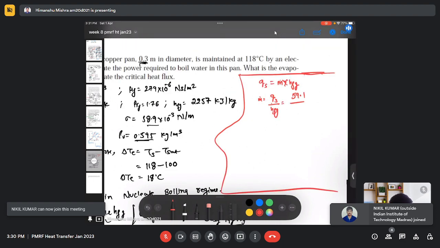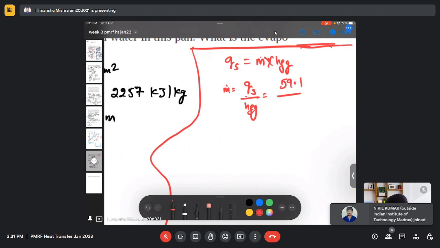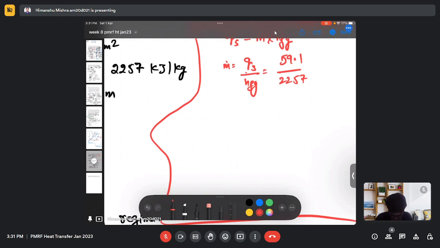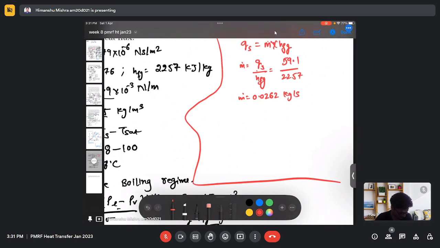And my latent heat was 2257. Which means my mass flow rate will be 0.0262 kg per second. So this will be my mass flow rate.